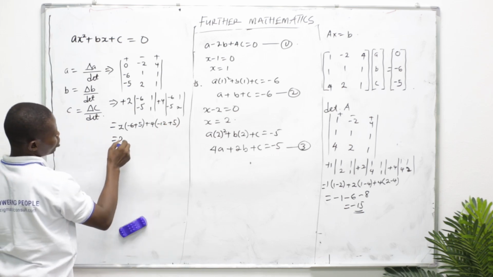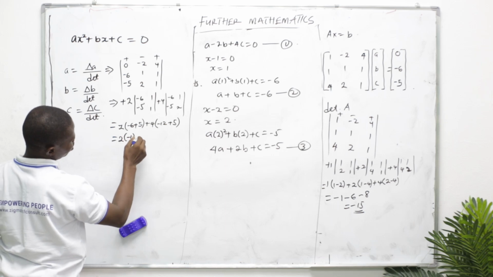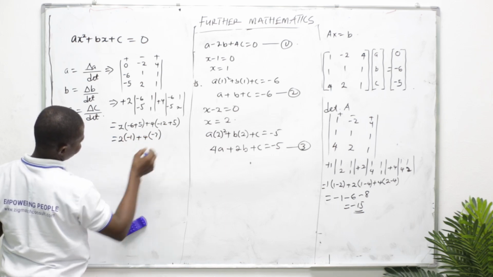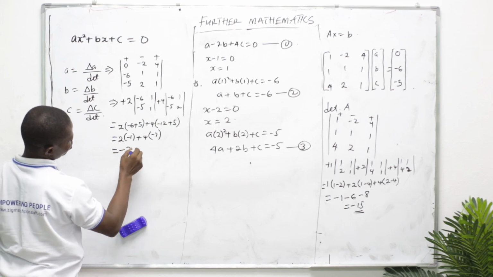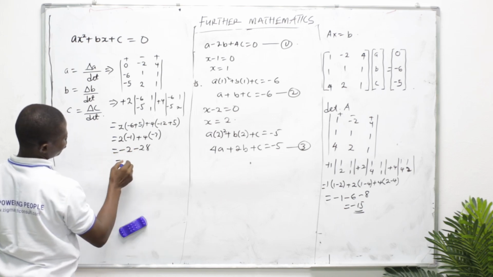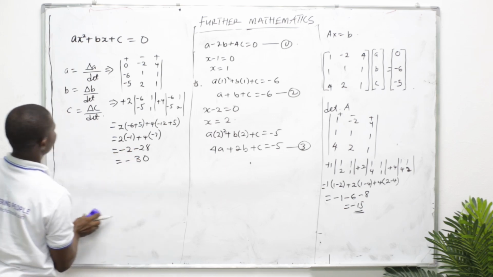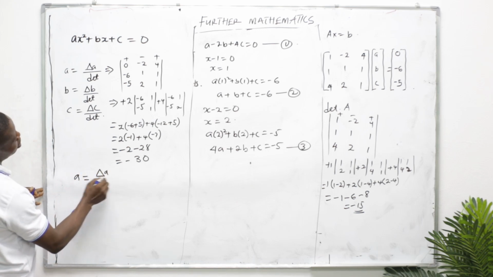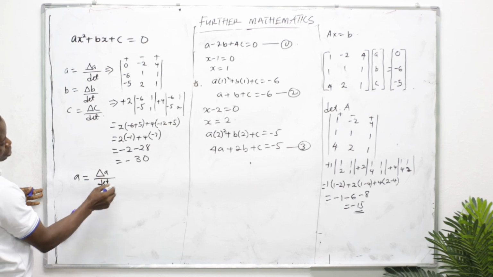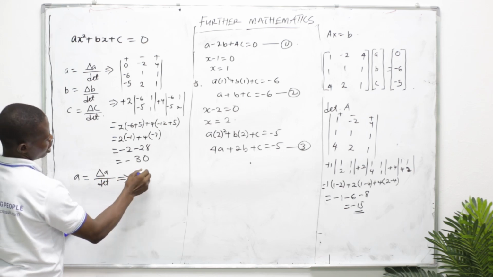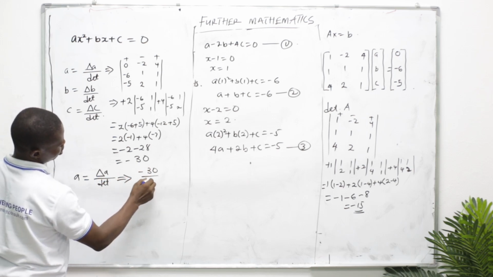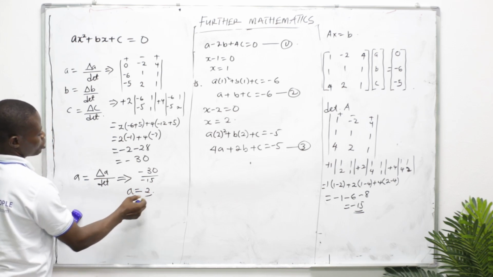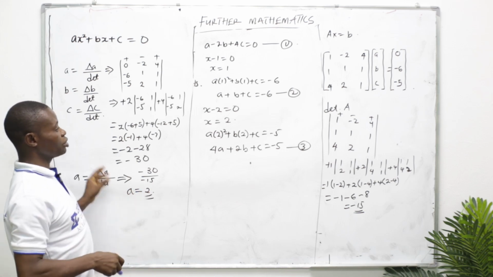This will give us 2 into minus 1 plus 4 into minus 7. This is minus 2 minus 28 to give us minus 30. So a now equals change in a all over determinant. This implies minus 30 all over minus 15. a here equals 2. So the value of a now is 2.